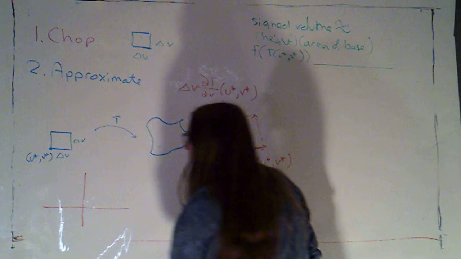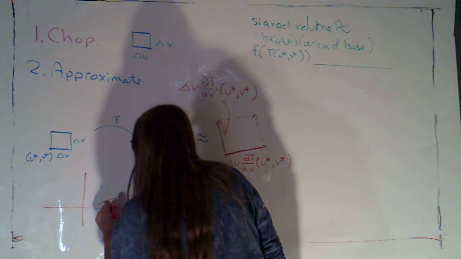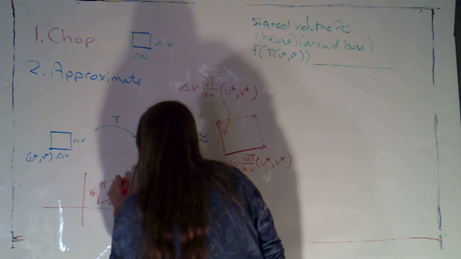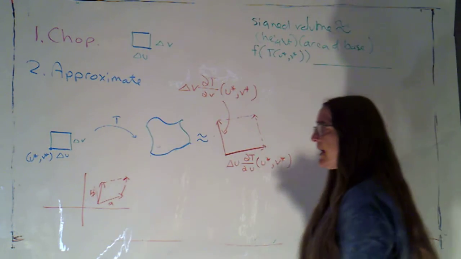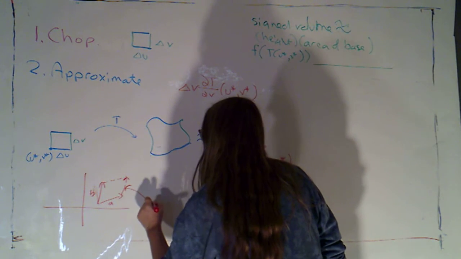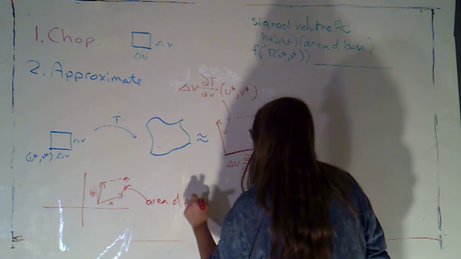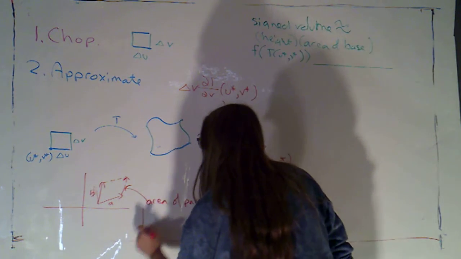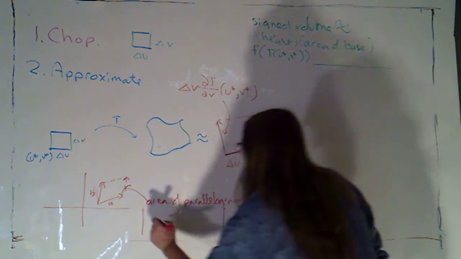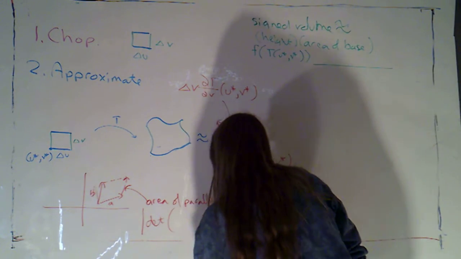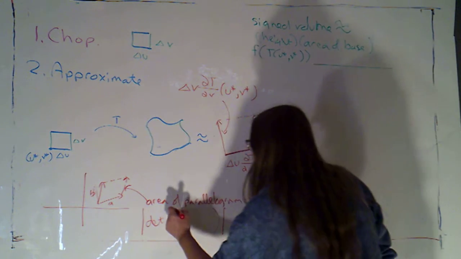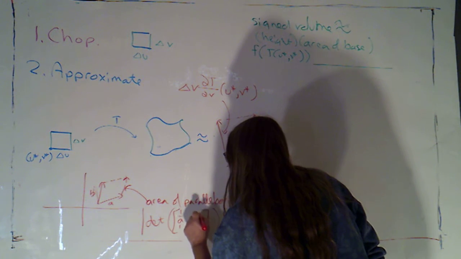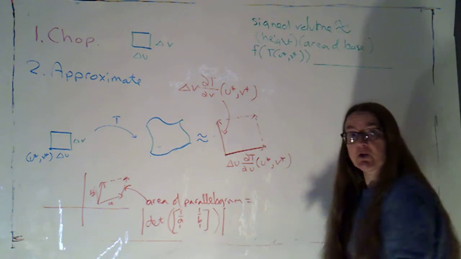We learned that if we're in 2 space, and I have a vector A and another vector B, and I want to calculate the area of that parallelogram, the area of the parallelogram is the absolute value of the determinant of the matrix I get by basically putting A and B in as the columns of my matrix.